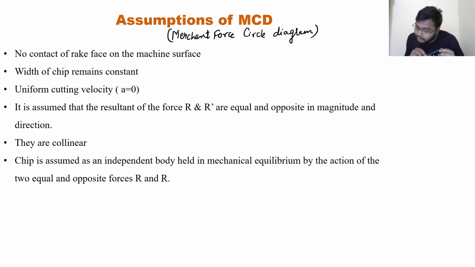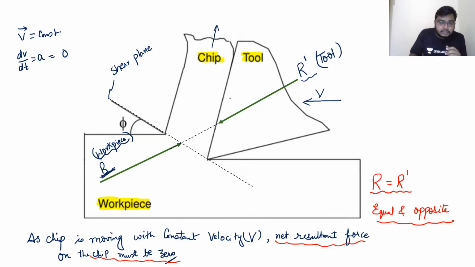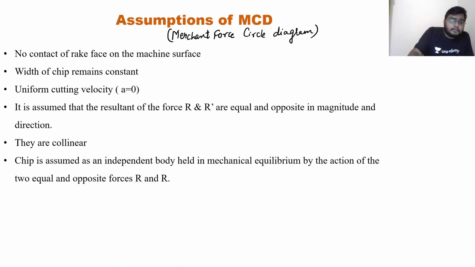Yes, Ajay. It simply means that the net force in this arrangement is 0. Yes, the net force on the chip is 0 and the chip is in equilibrium. Of course, the chip is in equilibrium, है ना? चलिए, good. So what is the assumption of the merchant force circle diagram?